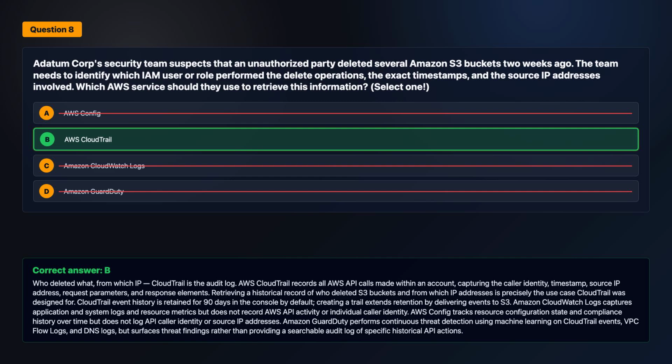AWS Config tracks resource configuration state and compliance history over time, but does not log API caller identity or source IP addresses. Amazon GuardDuty performs continuous threat detection using machine learning on CloudTrail events, VPC flow logs, and DNS logs, but surfaces threat findings rather than providing a searchable audit log of specific historical API actions.